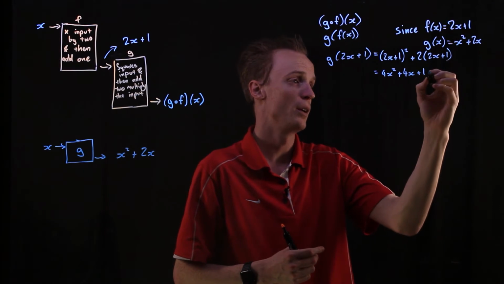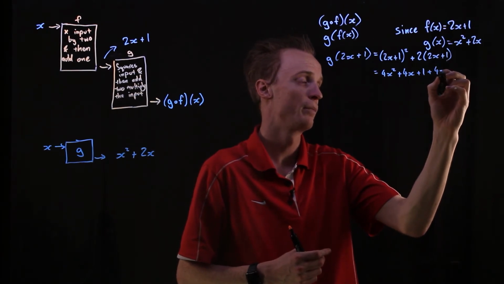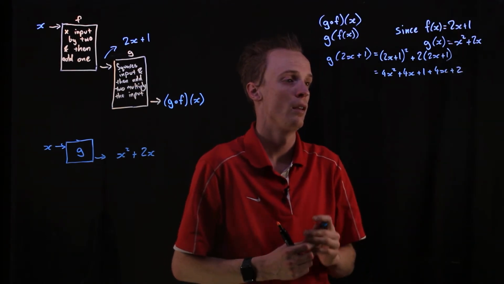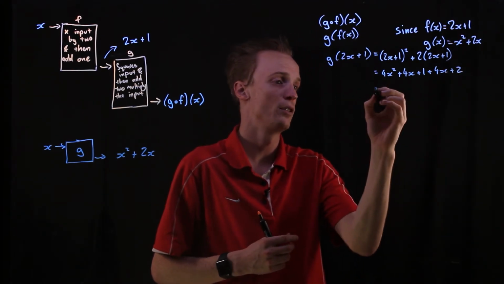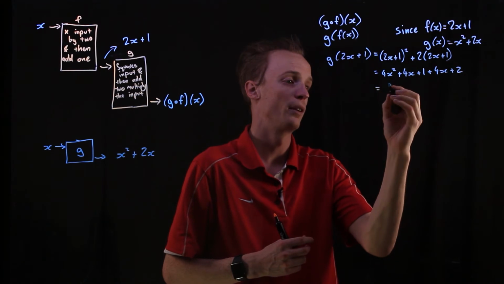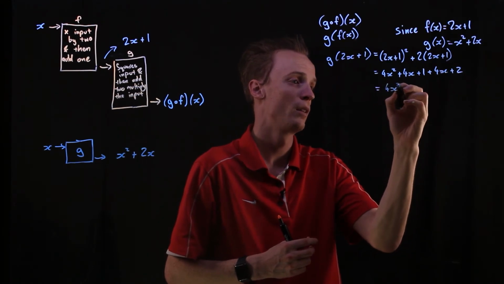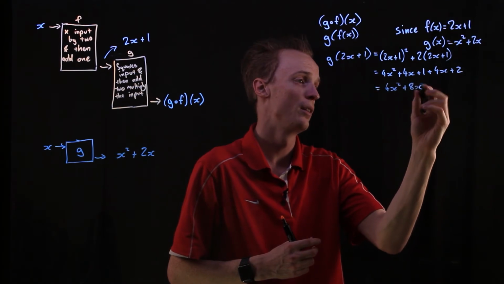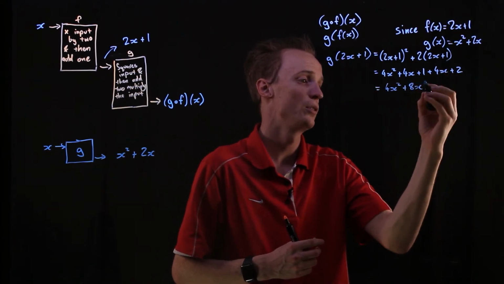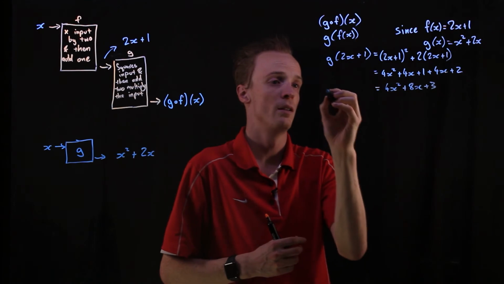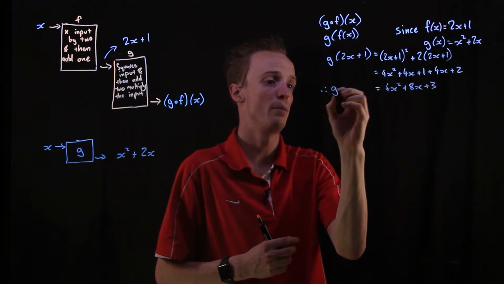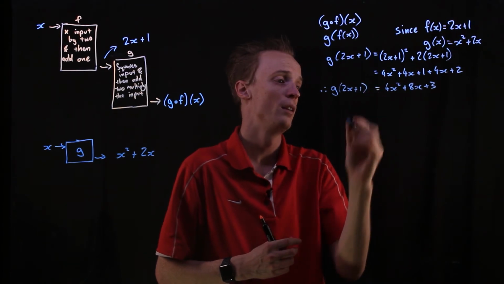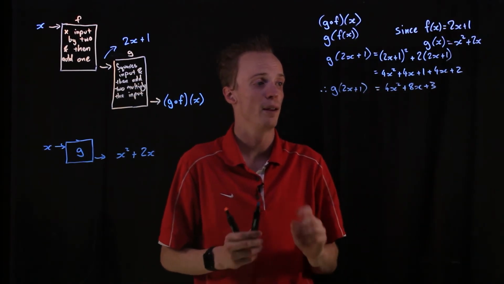So 2 times 2x will be 4x. 2 times 1 will be 2. And from here, if I collect my like terms, there's no other x squareds. There's 2 x's, so that'll be 8x. Then 1 plus 2 is 3. So therefore, my final output of the g of 2x plus 1 is equal to 4x squared plus 8x plus 3.